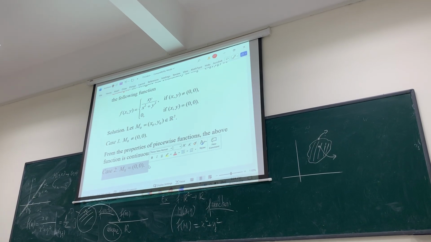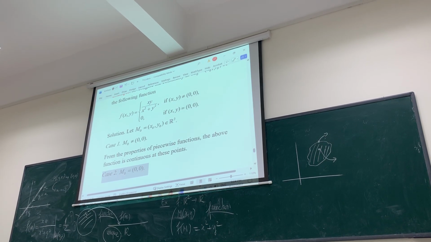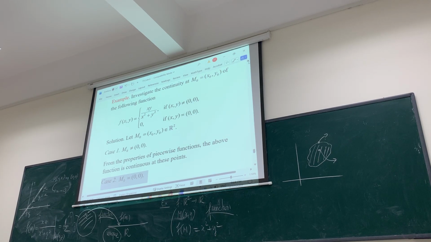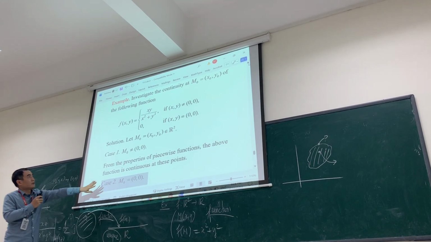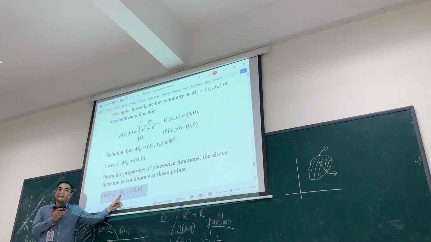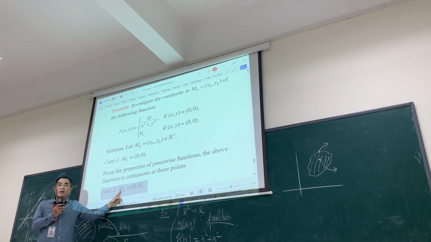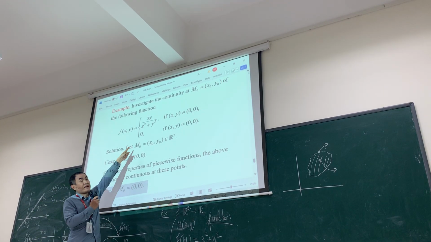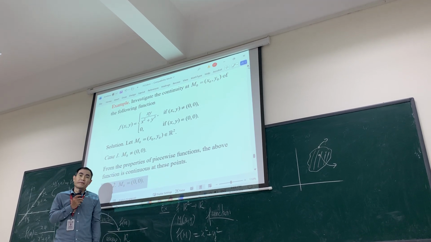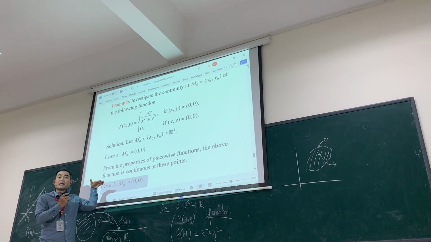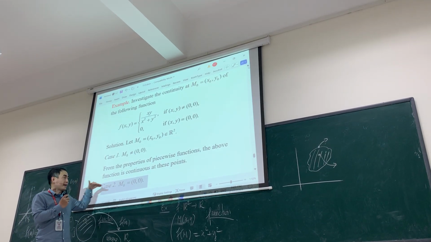Now, first, you can see the function f is defined at M0. Yes, we have the value at this point, 0. To continue, we need to check the limit of function f when M tends to M0.